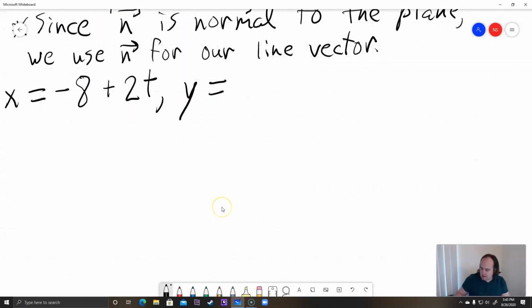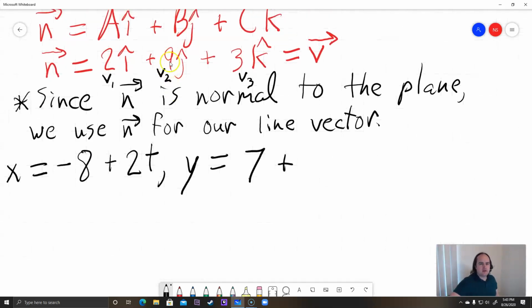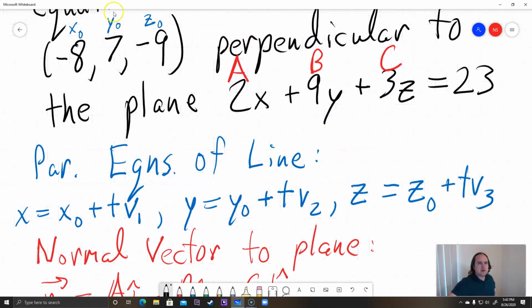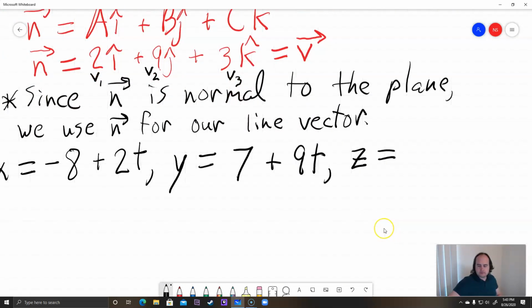So we're going to have y equals 7 plus tv2. Well, our v2 is 9, so that's going to be plus 9t. All right, and then our third component is going to be z equals z naught, so that's -9, plus tv3. So that's going to be 3t, -9 plus 3t.